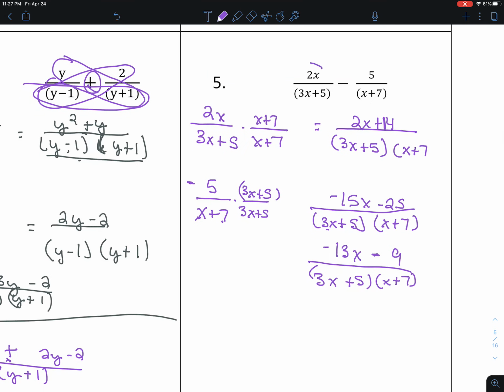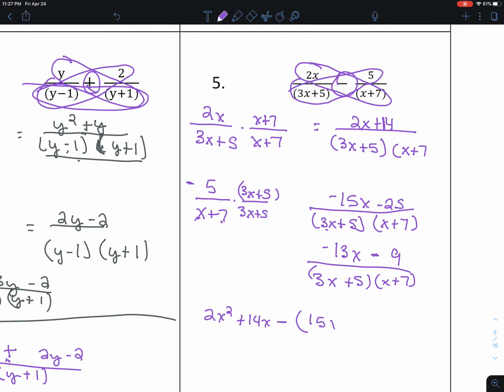All right, if I did it the shortcut, I would multiply these two together, and I would get 2x squared plus 14x. Because this is a minus sign, I bring a minus here, and I have to use parentheses because I have to subtract everything. And then I multiply these two together, and I get 15x plus 25.